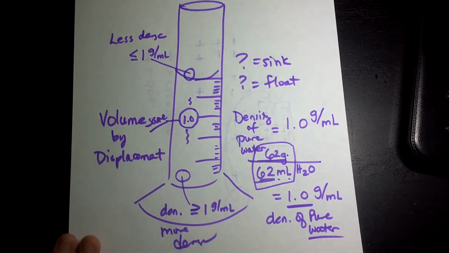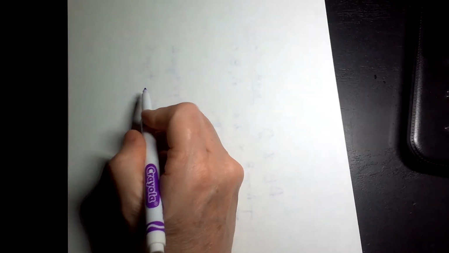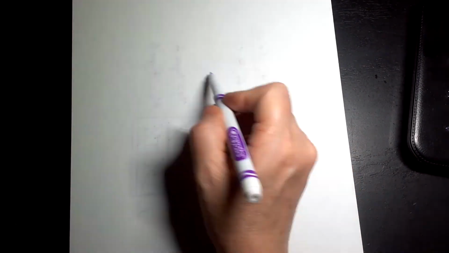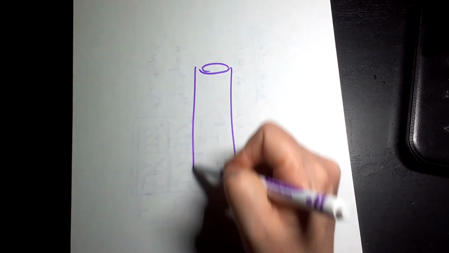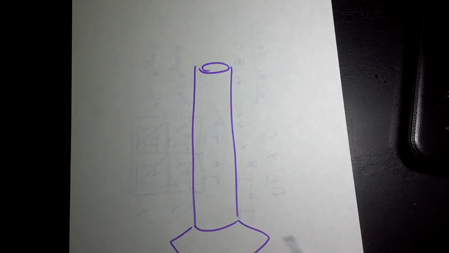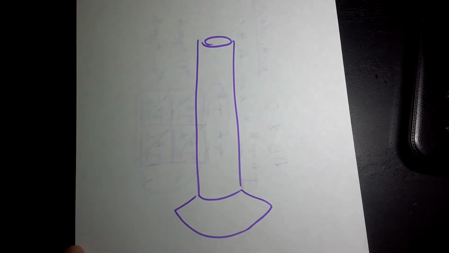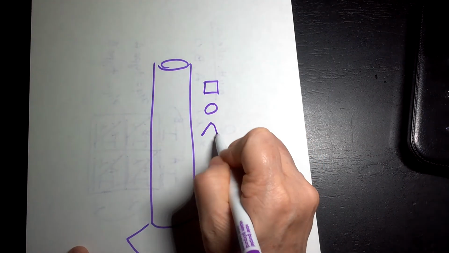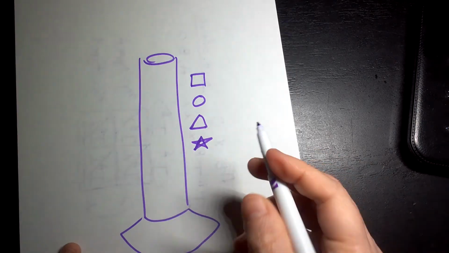All right, so I'm going to give you some worksheets to do. One of the things I'm going to have you do is I'm going to give you some different items, and you're going to calculate their density, and then we're going to put them in place in the graduated cylinder. So what I want you to do is draw a graduated cylinder, draw it better than me, on your paper. And then I'm going to give you a couple of items.